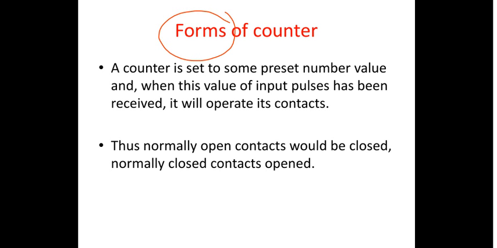So let us say that this contact is X400, this will activate the timer. Depending upon the setting, say K5 or something like that, this T450 will activate some output, which is Y430 or something like that, right? This is what we have seen as far as the timers are concerned.